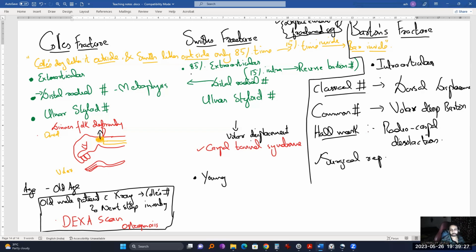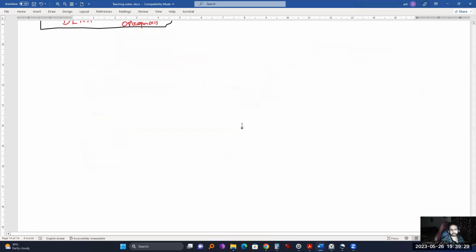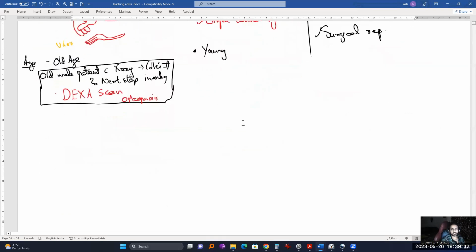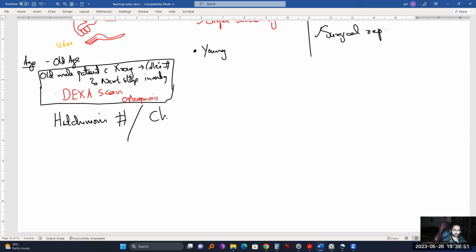Okay, so that is it. So the next fracture is the Schoffer fracture or Hutchinson fracture. The Hutchinson's fracture or Schoffer's fracture.